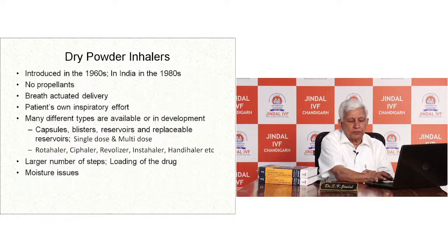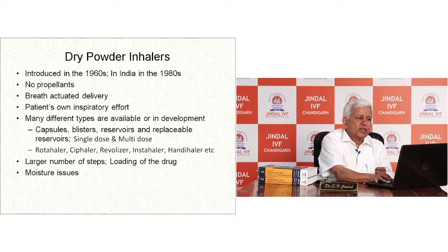The second important option is the dry powder inhalers, again introduced several years ago, and there are no propellants in the dry powder inhalers. They are again like breath actuated inhalers. The delivery of the drug here is initiated by the patient himself, you see.